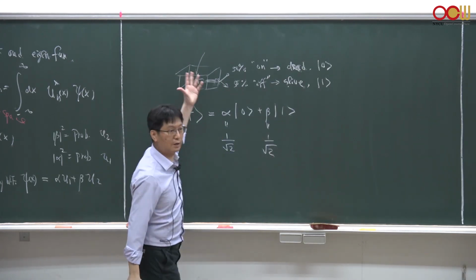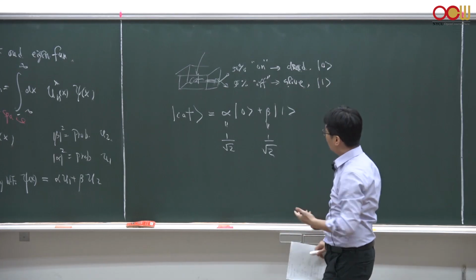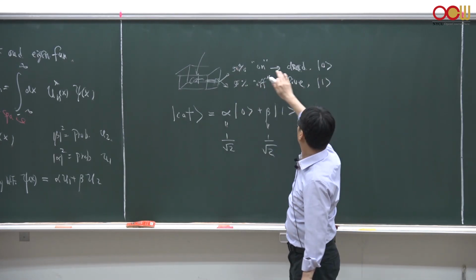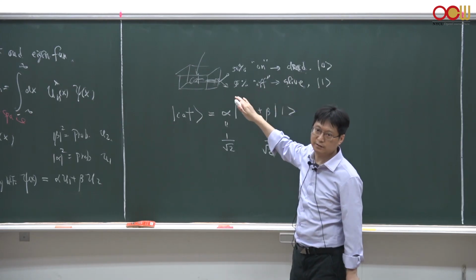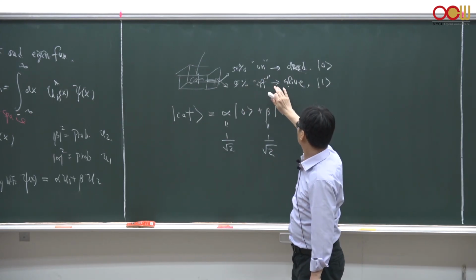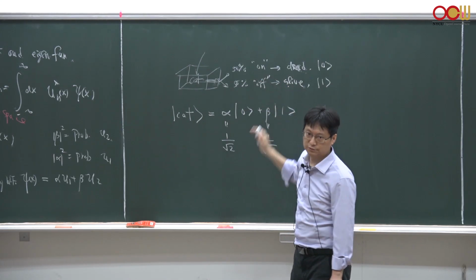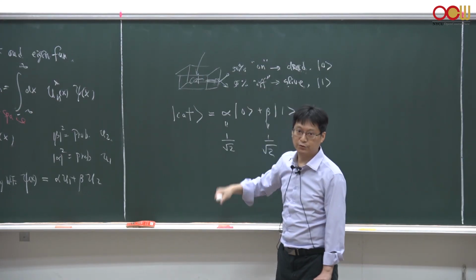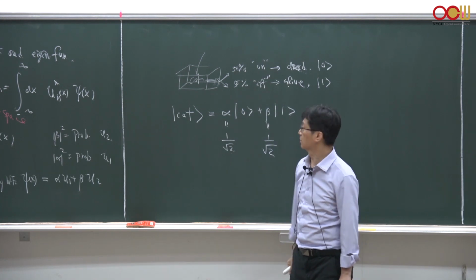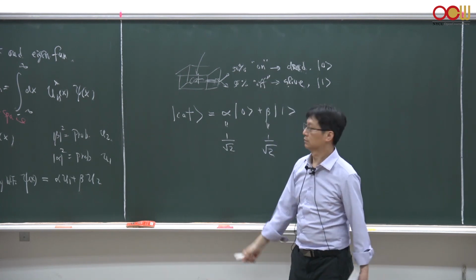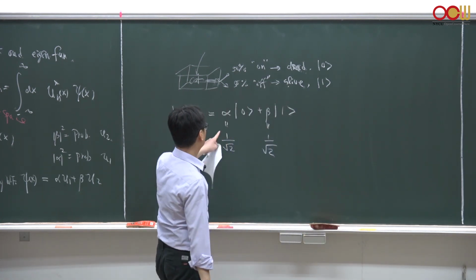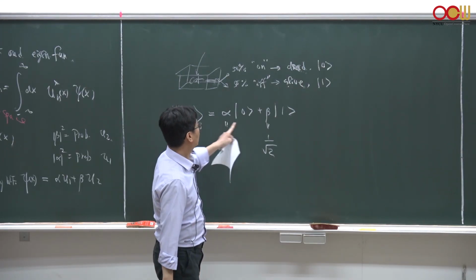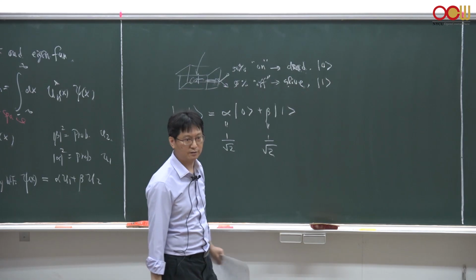So before you open up the box, the cat, in principle, has a 50% chance of being found dead and a 50% chance of being found alive, right? And as a result, if you do not open up the box where the cat stays, then it is a linear combination of the dead and alive states of the cat, right?